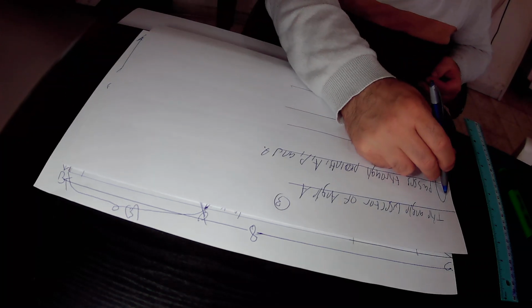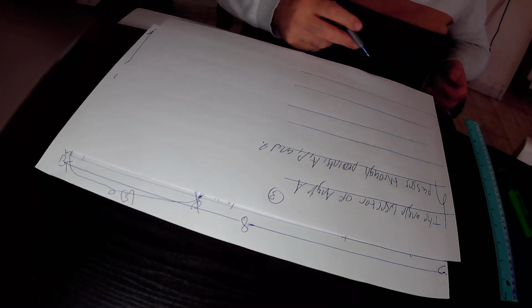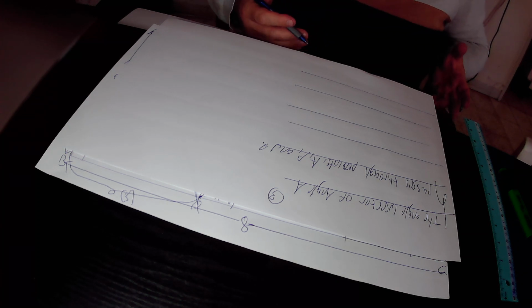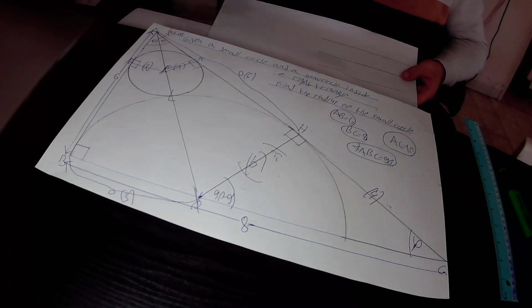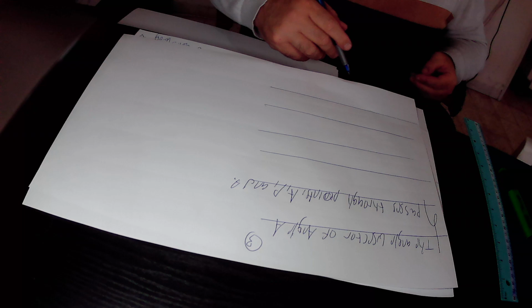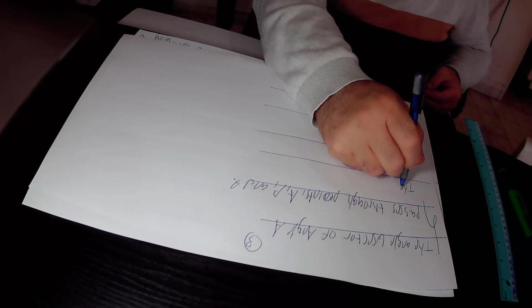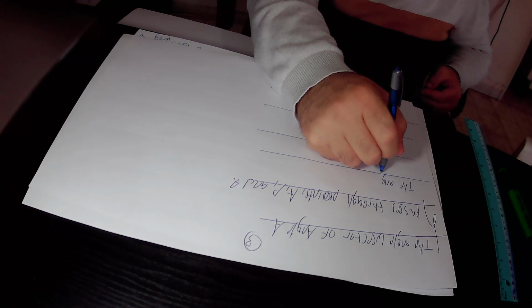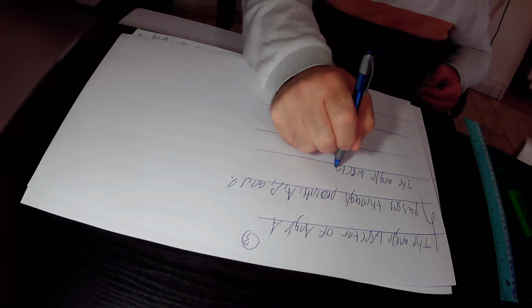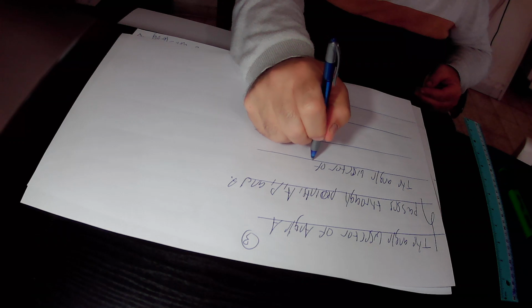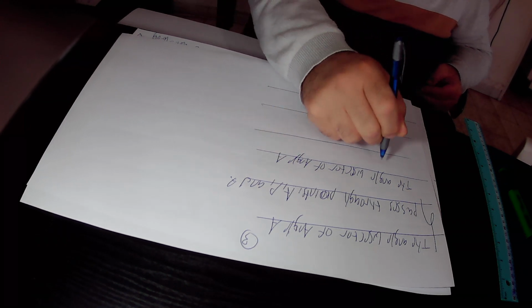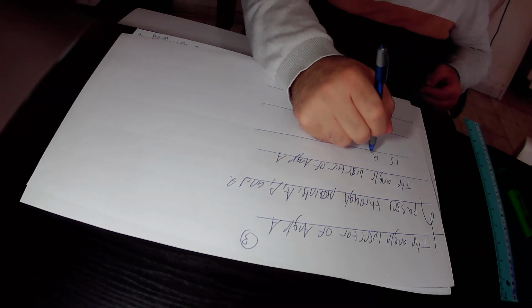But the angle bisector of angle A, this is of course a straight line. The angle bisector of any angle is a straight line, therefore, especially the angle bisector of this angle A is a straight line.